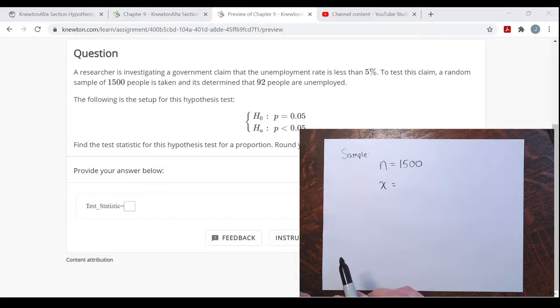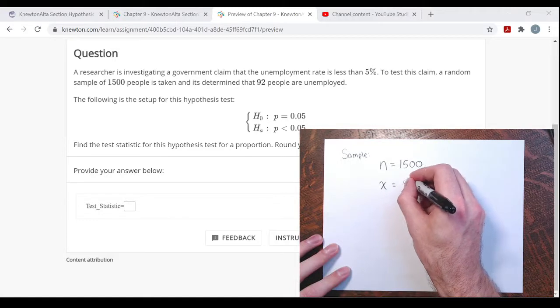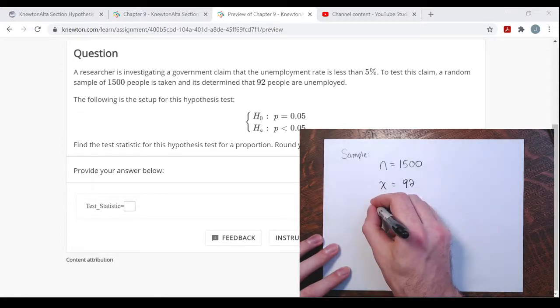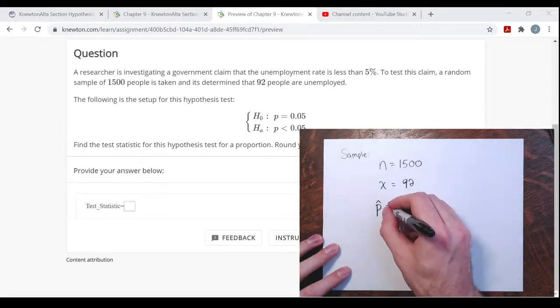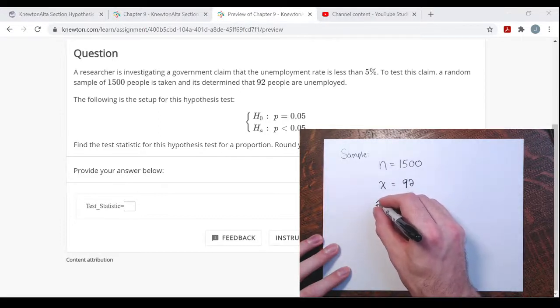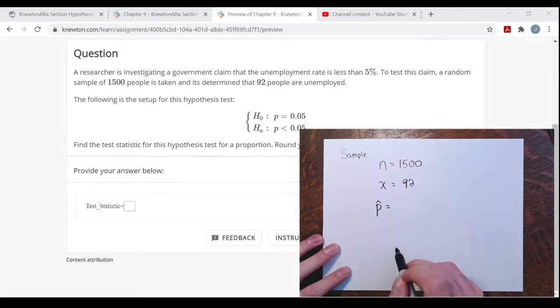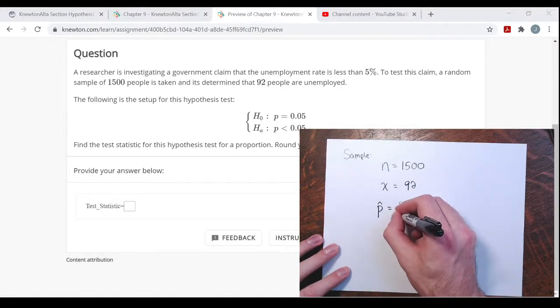And here, being unemployed is a success in this problem. And of these 1,500 people, 92 of them were unemployed. So then the sample proportion, it could be p hat or p prime with a little apostrophe, same thing, is just 92 out of 1,500.